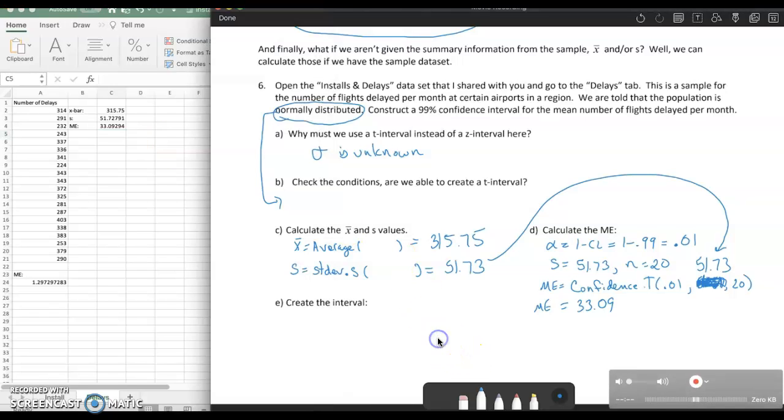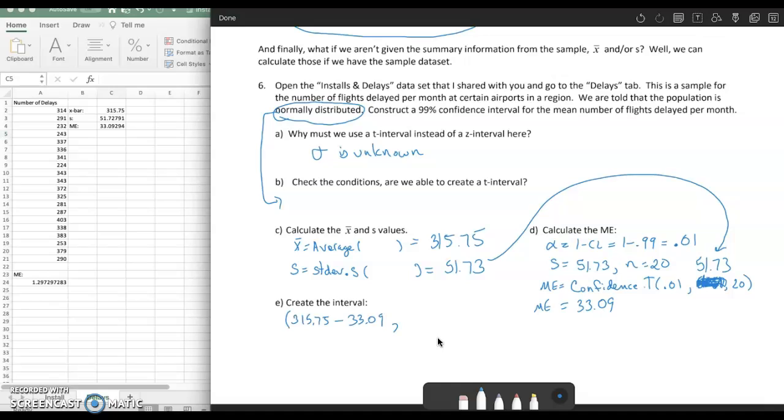And now that I've got this information, I can calculate this interval. So I've got my X bar value now. My interval is going to be 315.75 minus 33.09 for the lower limit, and then 315.75 plus 33.09 for the upper limit.